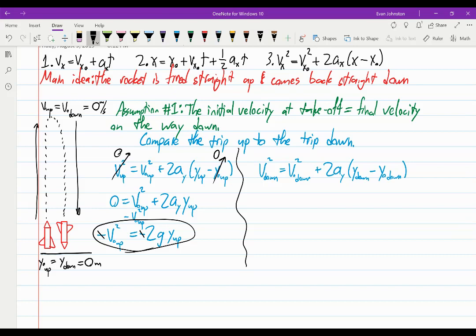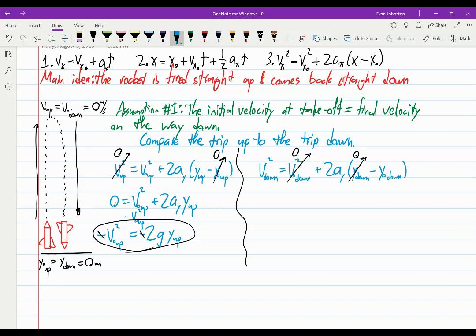Okay, now let's look again. We have some things that are 0. The initial speed on the way down, when it starts going down, it's starting at the top. So it starts from rest because it has to stop and then starts speeding up as it goes down, down, down, down, right? So then we also know that the final position on the way down is 0. So now this one is 0 instead.